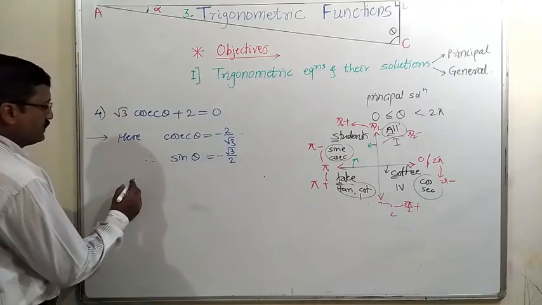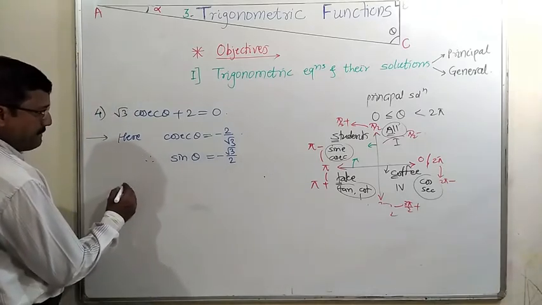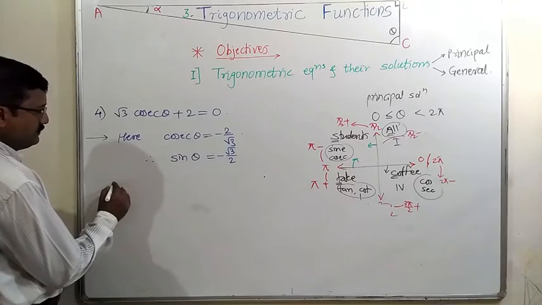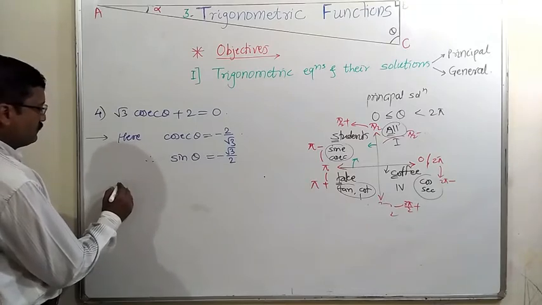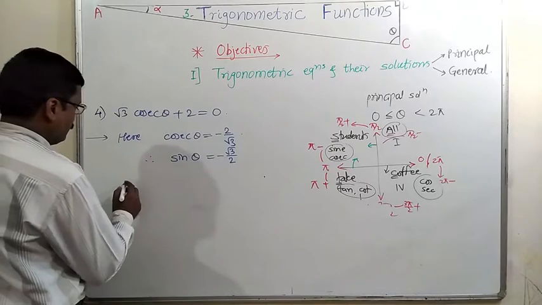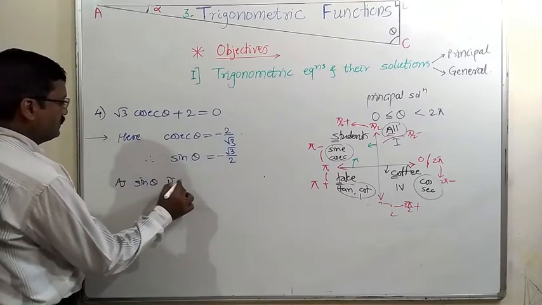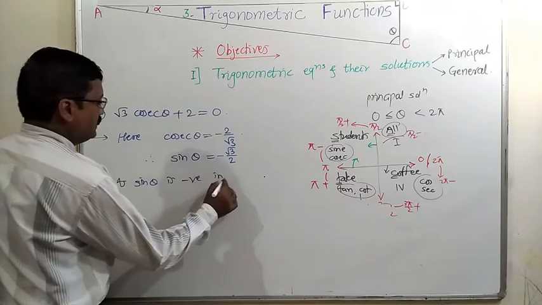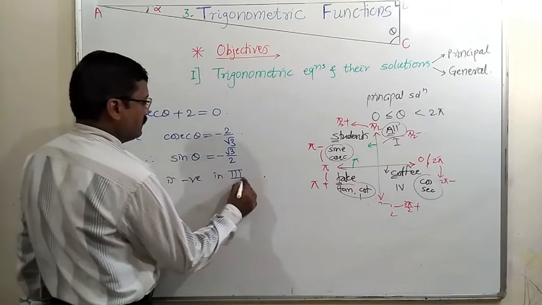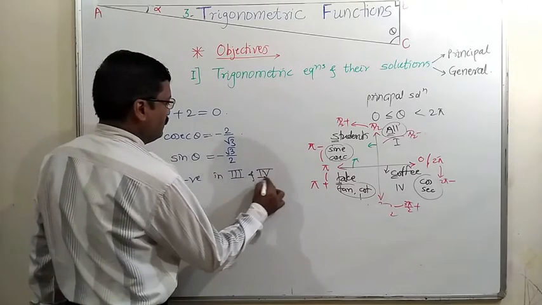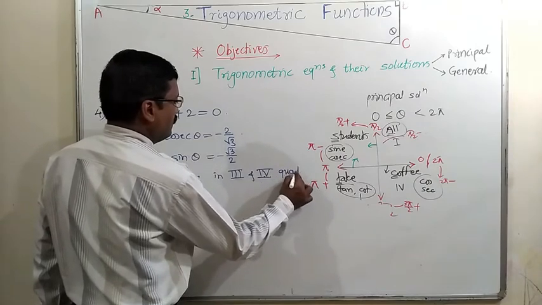So here we write: sin theta is negative in the 3rd and 4th quadrant.